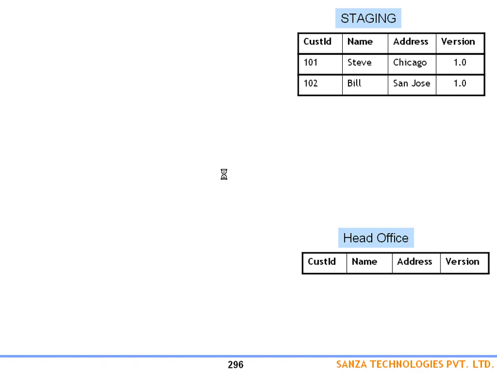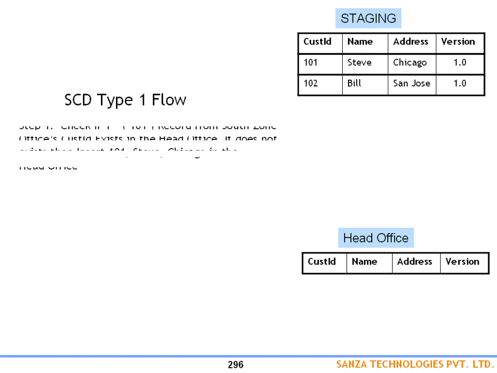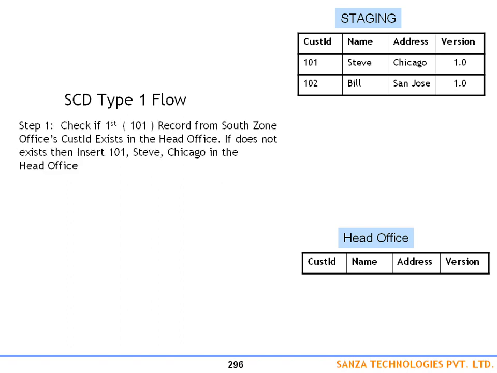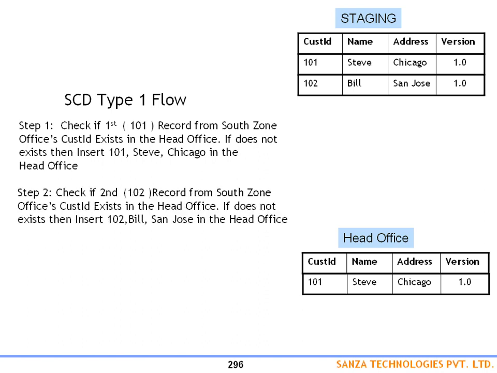For the same customer ID, there are different versions in the source system that have been loaded into your staging table. Now, as per your SCD1 concept, we'll check whether 101 exists or not in my dimension table. If it does not exist, you insert it. If you check 102 and it does not exist, you insert it.